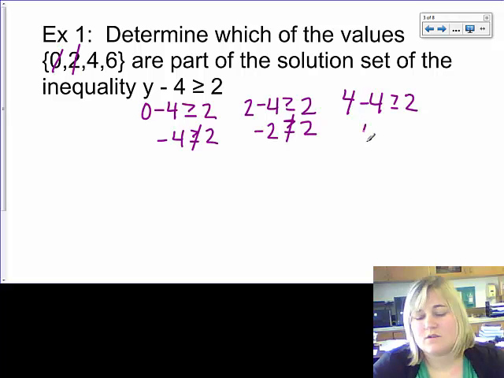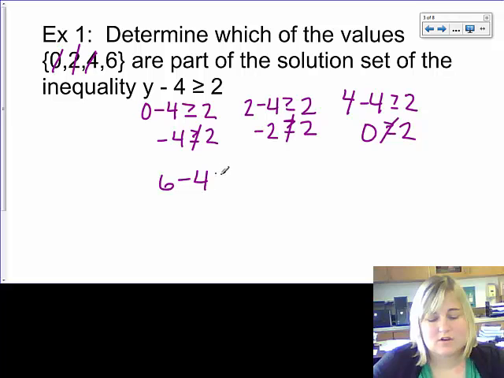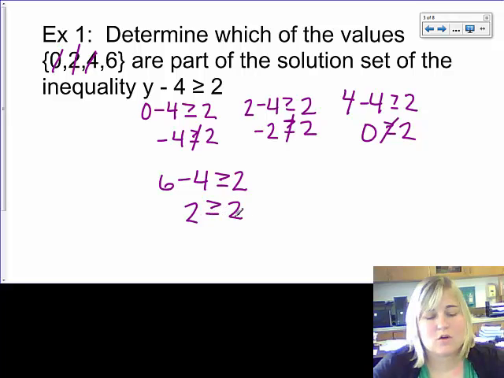So 4 minus 4 gives me 0. Is 0 greater than or equal to 2? No. So 4 doesn't work either. If I put in 6, 6 minus 4 is greater than or equal to 2. 6 minus 4 is 2, greater than or equal to 2. It is equal, so 6 would be part of the solution set.